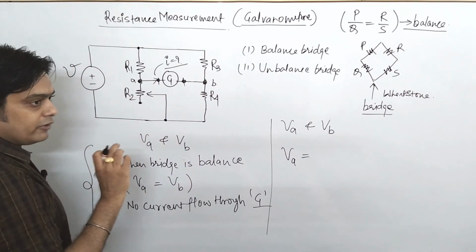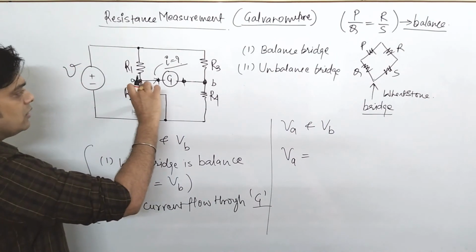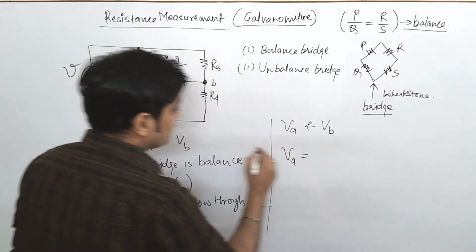Finding VA and VB is very easy. To find VA, use the voltage division rule.